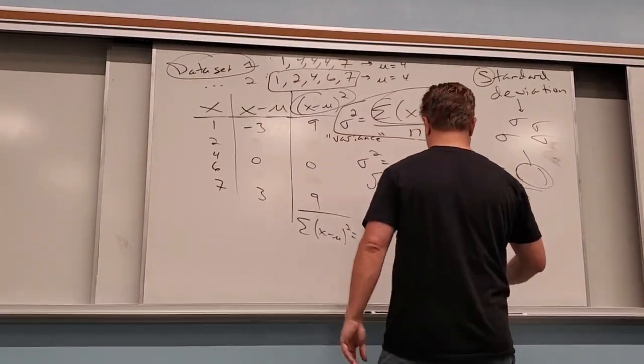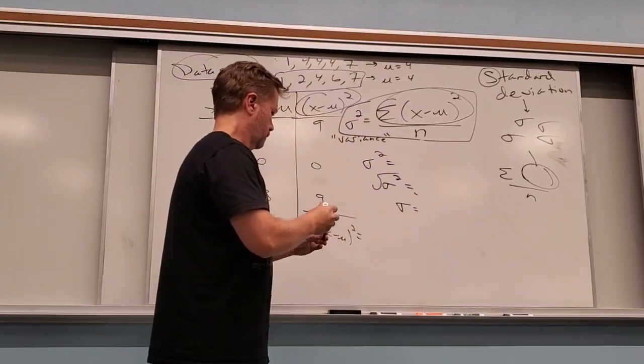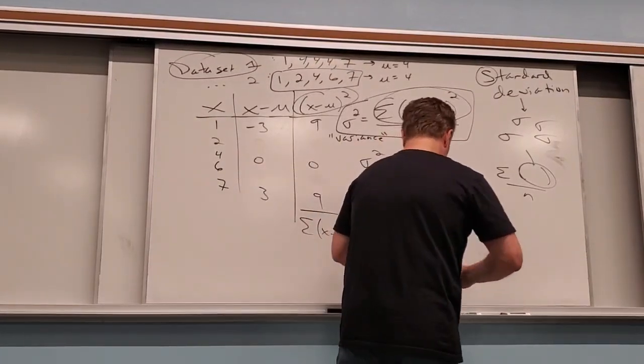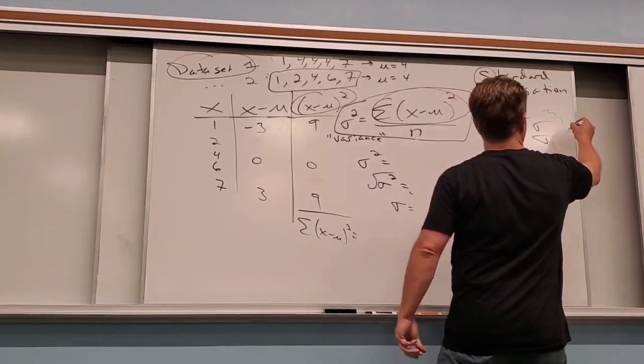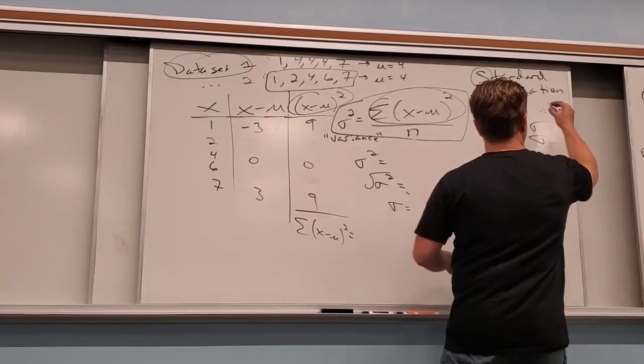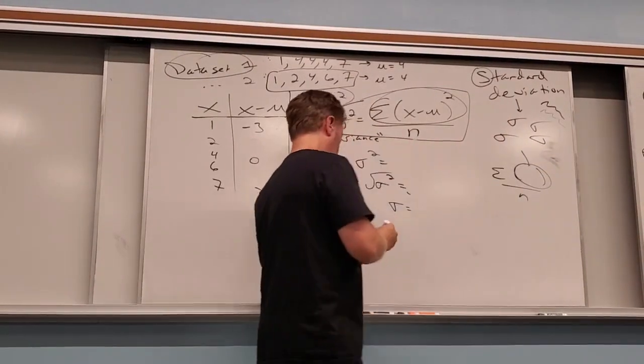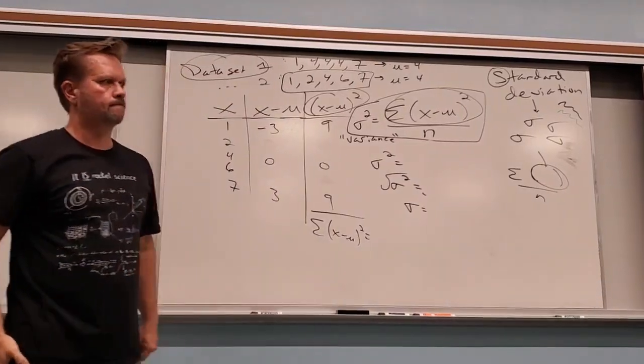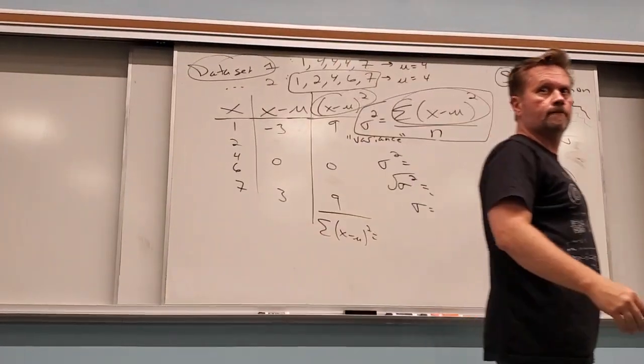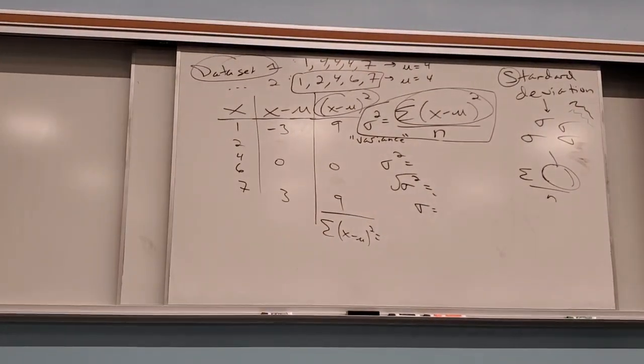We've got to square it to get rid of the negative. Yeah, this is the square root number.